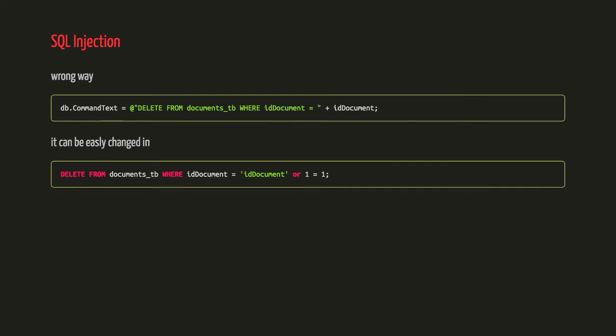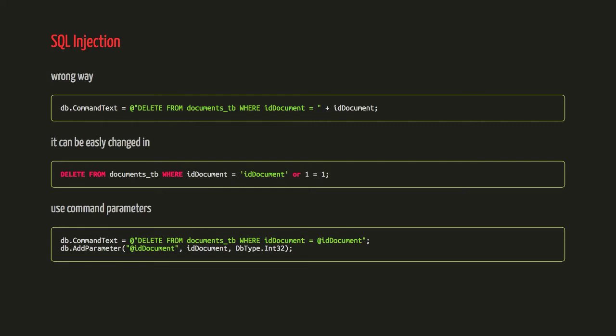And as you can see, with OR 1=1, the behavior is quite different because now we are erasing everything inside documents.db. So to avoid the problem, always use parameters when you are not using Hibernate to perform queries.